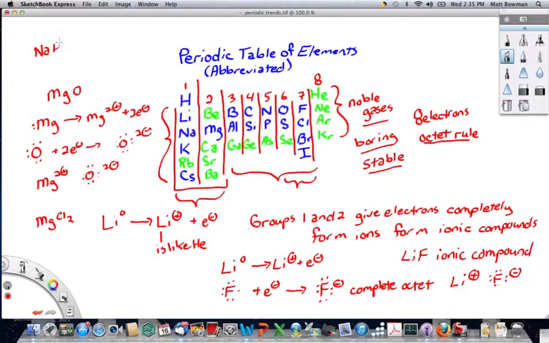Sodium hydride, NaH, a compound that we will use a lot in organic chemistry, is an ionic compound. We have sodium plus. Sodium gives its electron up to hydrogen, H minus. And so sodium hydride is thought of as Na plus H minus.